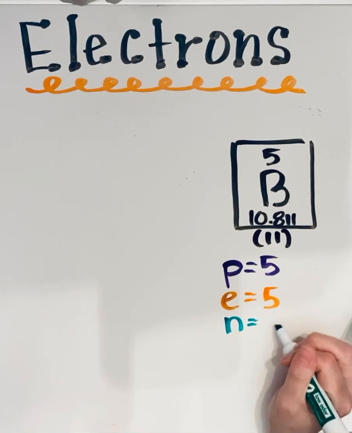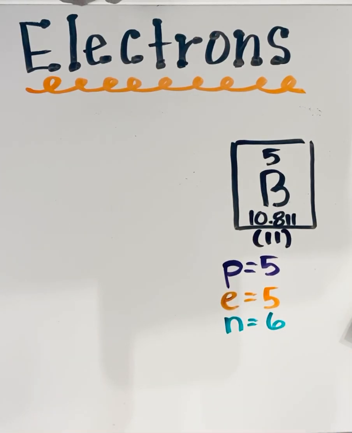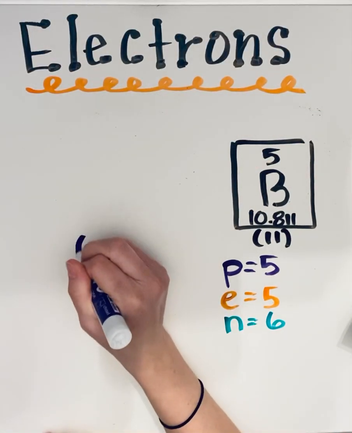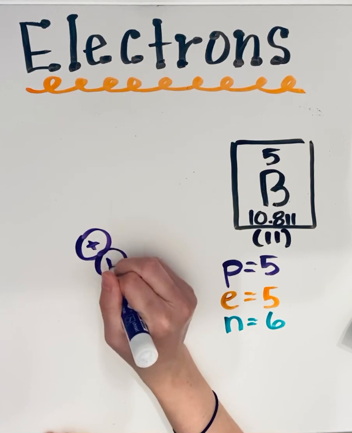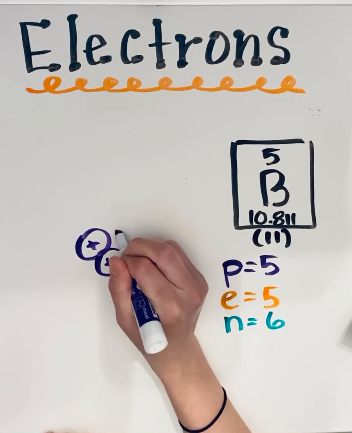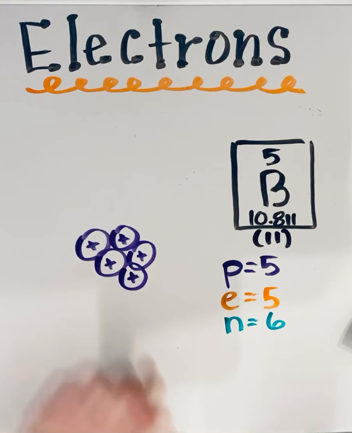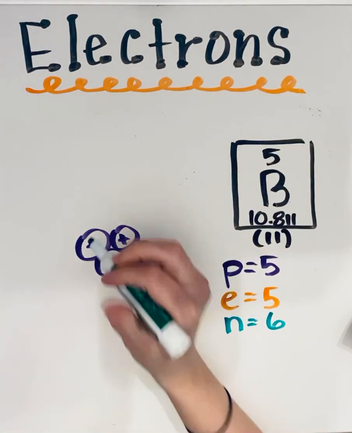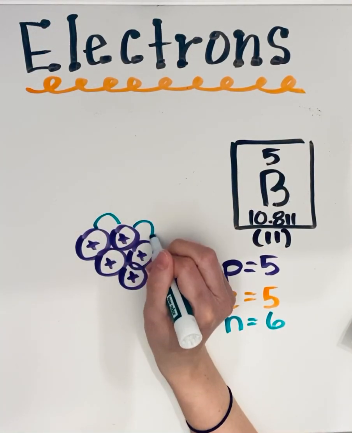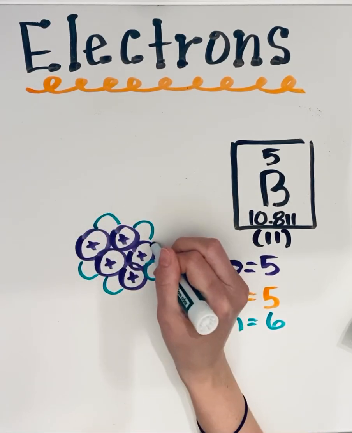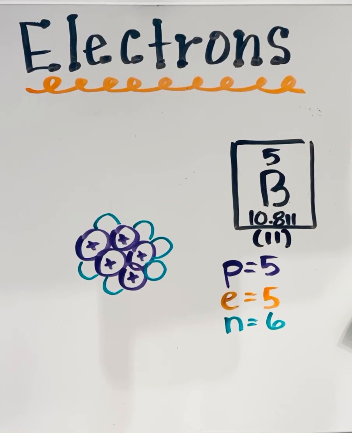So we know that there needs to be 6 neutrons in 1 atom of boron. So I'm going to draw my protons. 1, 2, 3, 4, 5. I'm going to draw at least an indication of my 6 neutrons. 1, 2, 3, 4, 5. I'll draw another one over here, 6.